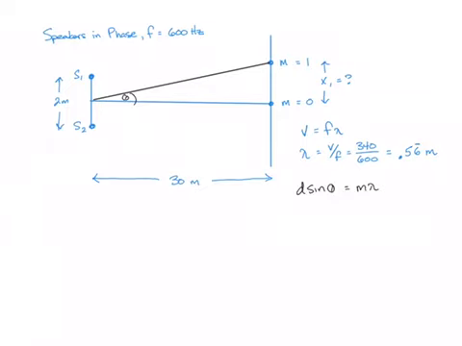So our first step is to use the information given to solve for theta, and we'll see that theta is going to equal the inverse sine of m lambda over d. So then we can plug in our numbers and solve for theta. And so what we'll see then is we get that theta is 16.46 degrees.